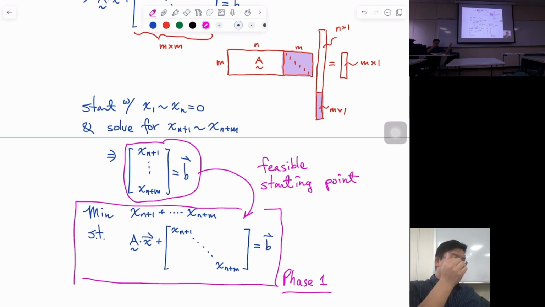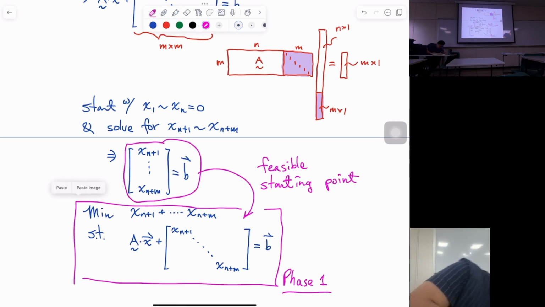And if I solve phase 1 problems, you should be able to iterate along the boundary. And then we wish at the end all the extra x become 0. If all the x n plus 1 to x n plus m equal 0, then you just found a feasible solution that fits Ax equals b.